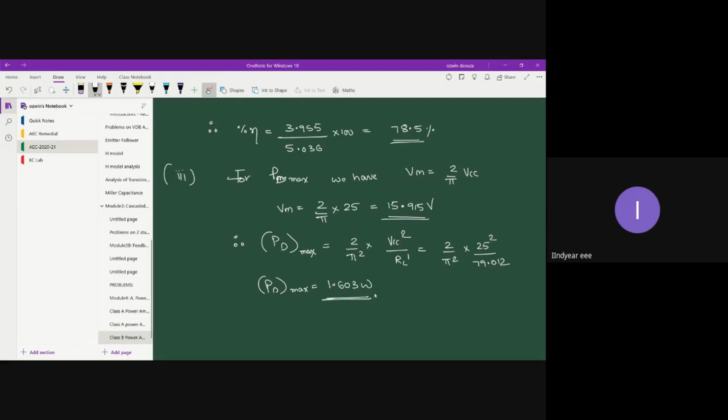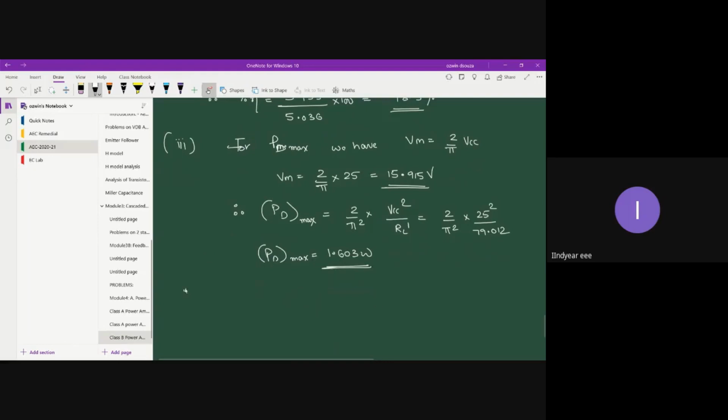So maximum dissipation is 1.603 watts. Therefore, PD max per transistor is equal to 1.603 divided by 2, and that is 0.801 watts.